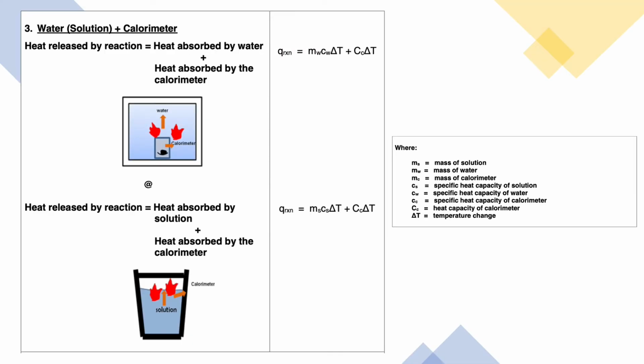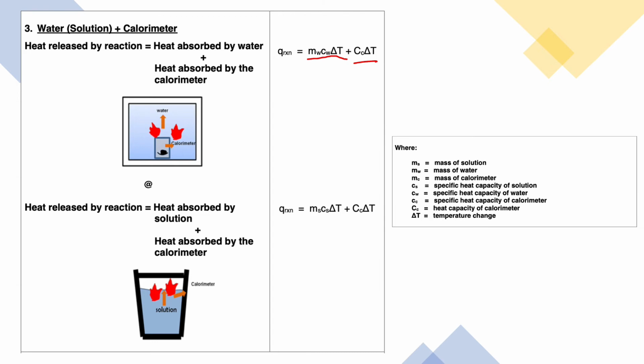Now let's take a look at the third situation. The third situation is where the question gives you data for the heat released absorbed by both water and calorimeter, or absorbed by both solution and calorimeter. Usually when you get a question like this, you have to apply both formulas, depending on what data you are given, but usually it will be mc delta t plus C delta t.